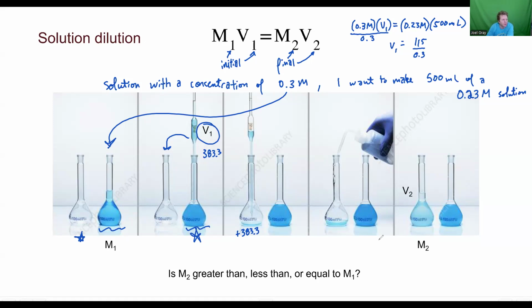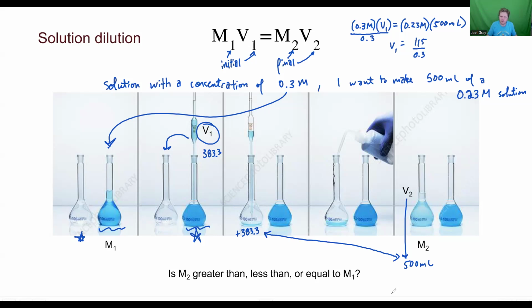Okay. Now, if our V2, our total volume of that final mixture is 500 milliliters, do you have an idea of how much water we would need to add? Well, what we can do is say 500 minus 383.3. 117.